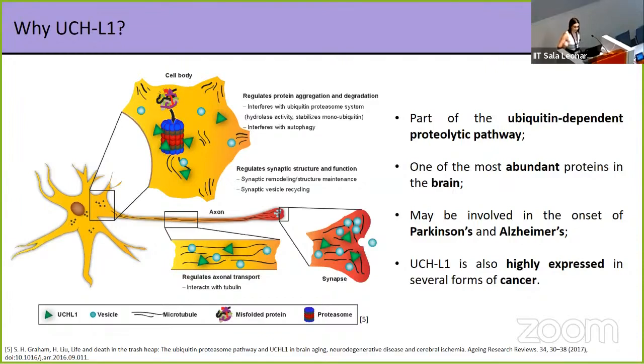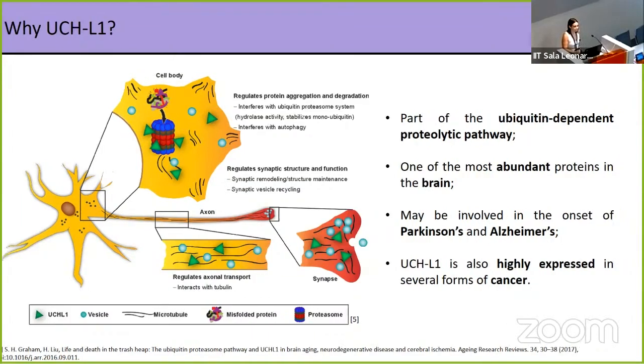And once again, UCHL1 is also highly expressed in several forms of cancer. It's a funny detail that UCHL1 has been found to be expressed in cancerous cells that in their normal behavior don't even express UCHL1. And so, after knowing all of this, we thought, okay, this is a really cool protein, let's study it.